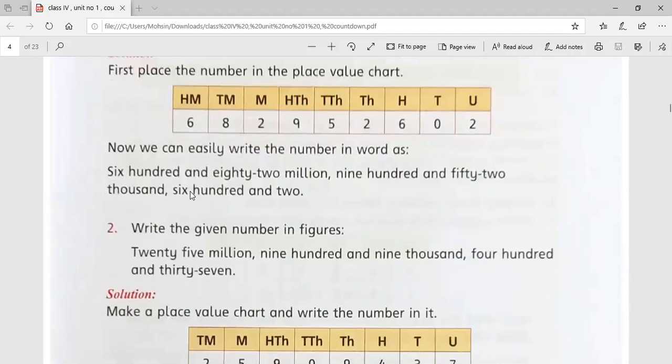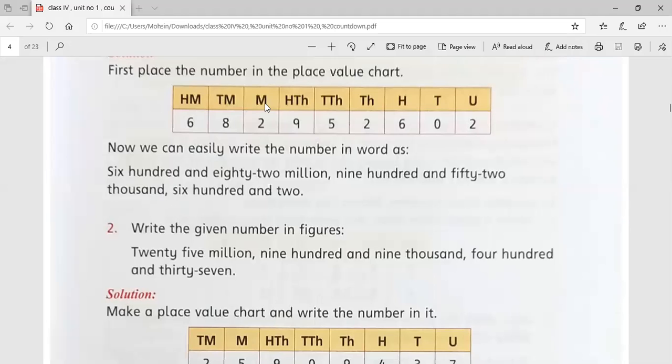So now you can easily write the number in words. You can see how many 100 millions there are: there are 600 million. So first I write 600, and how many millions? I have more millions after 100 million, so I'm not going to write million first.